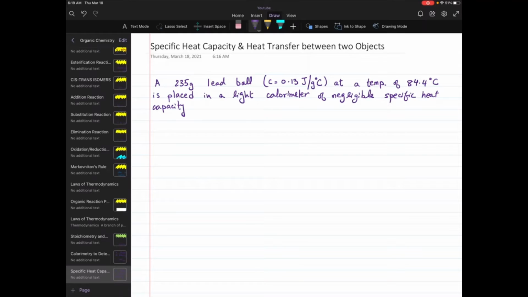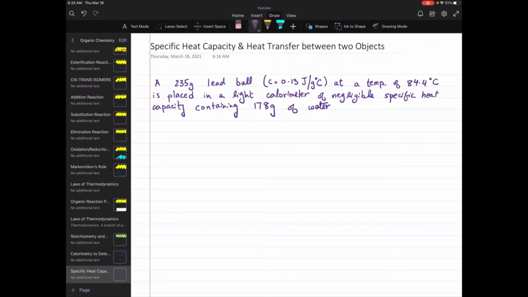So now this calorimeter containing 178 grams of water. Okay, so that's the water that is going to be changing the temperature, absorbing the heat that is being released by the lead ball.